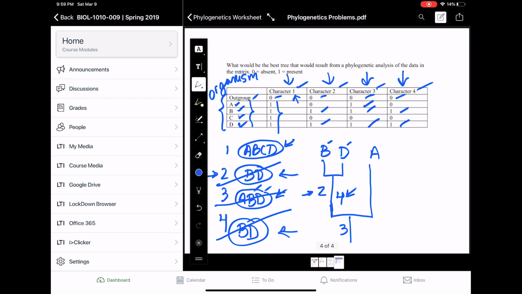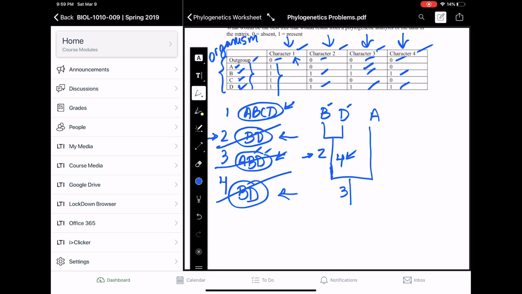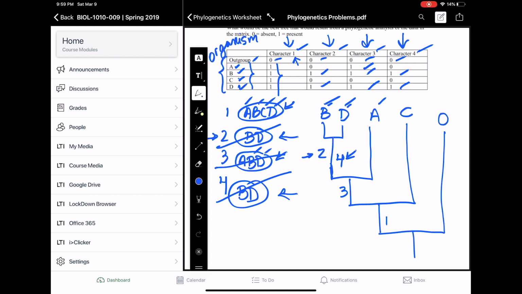Now we move on. We have character number 1 right here that has B, D, A, and C. We write C right there. And it is good practice to finish it off by writing our outgroup, which was 0, right? And that's how you draw a phylogenetics tree.